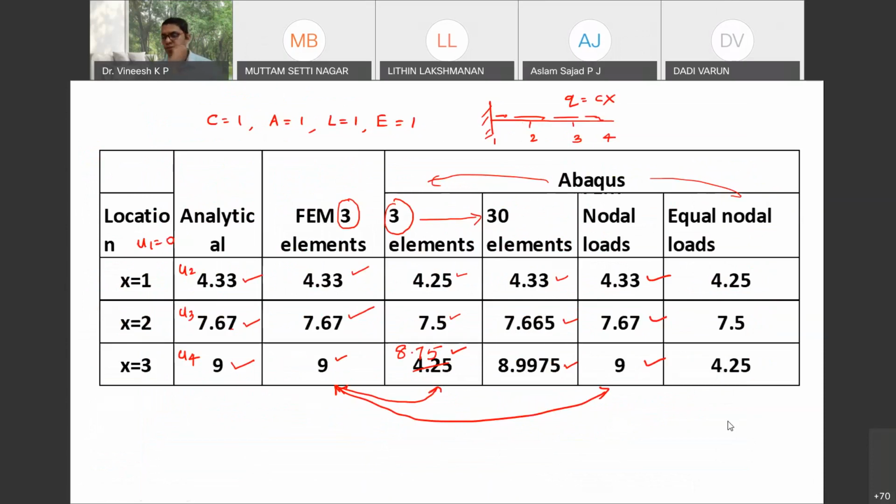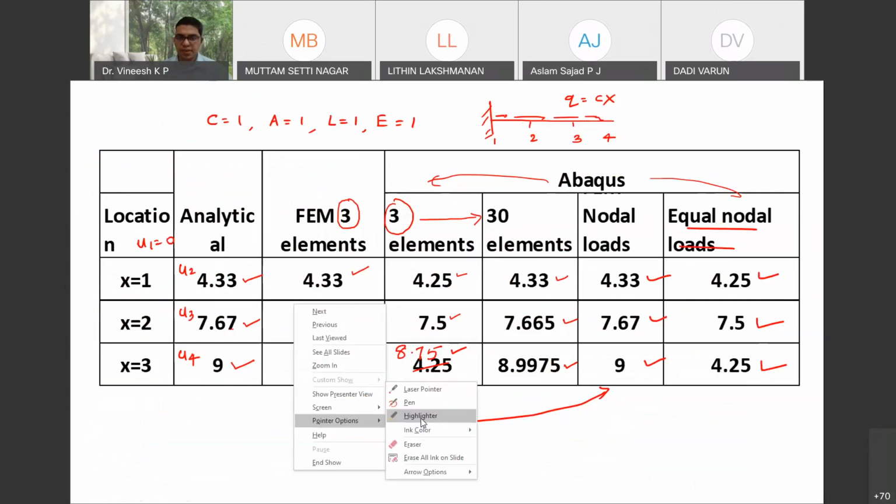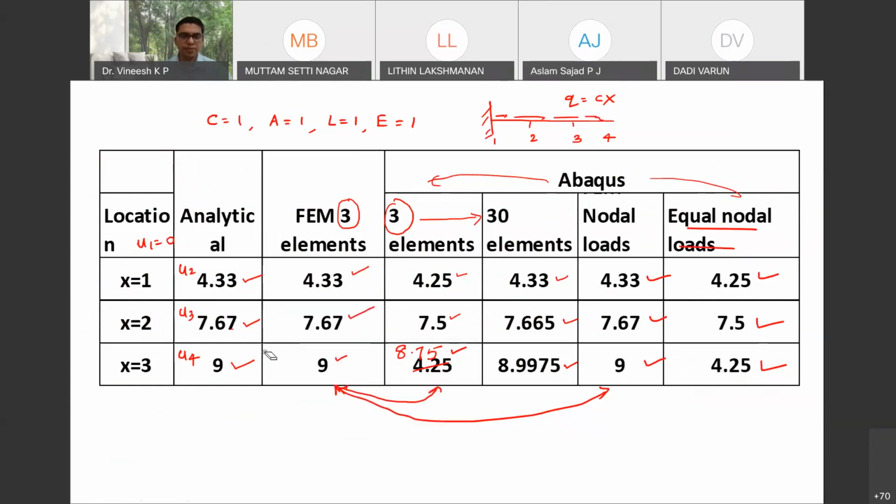When you distribute the nodal loads equally, you are going to get 4.25, 7.5, 8.75. So you see the results are matching with the FEM formulation. So I will just erase this one for clarity.